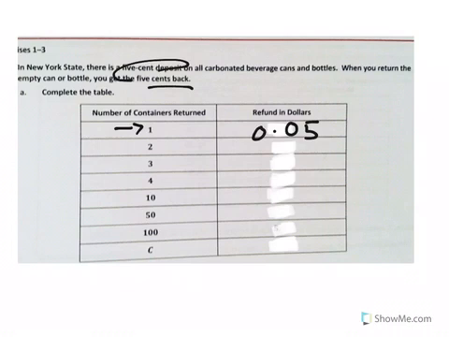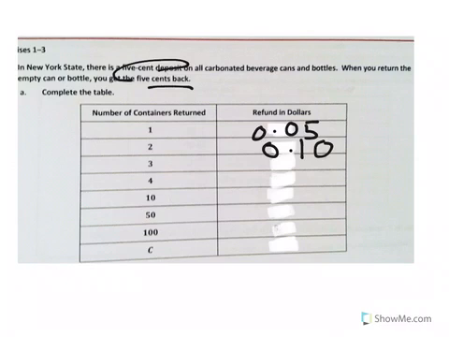How much would 2 containers get you? Well, if you're going to get 2, it would be this amount times 2, right? So if you're getting 5 cents for one container, you'd be getting 10 cents for 2 containers.